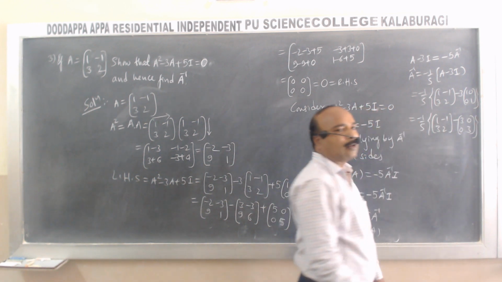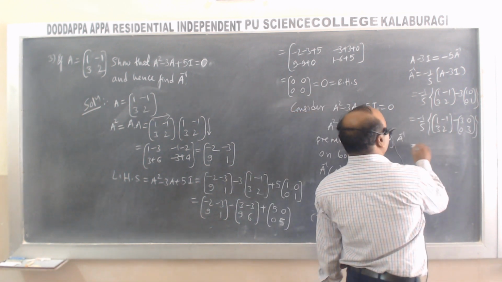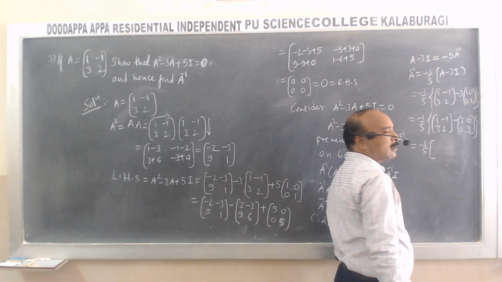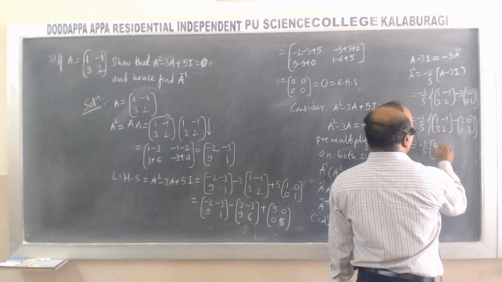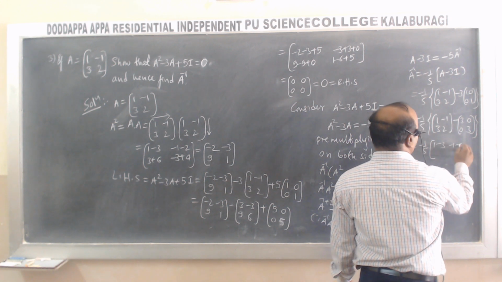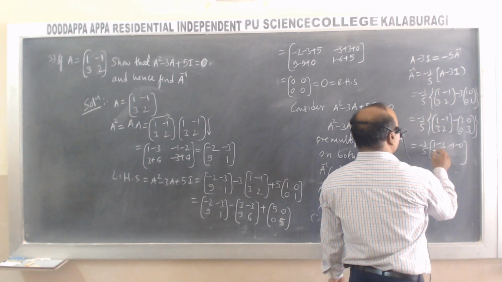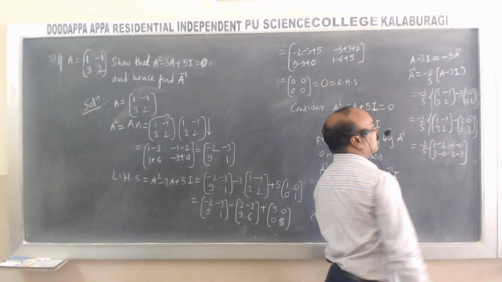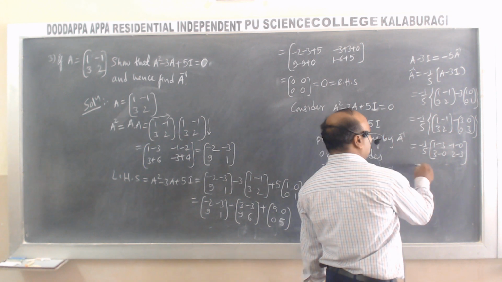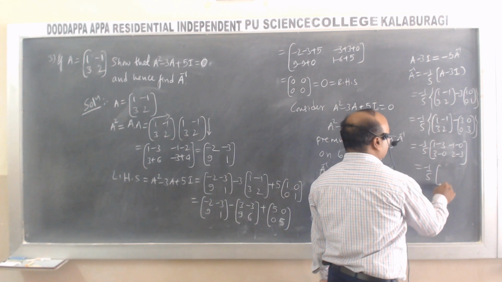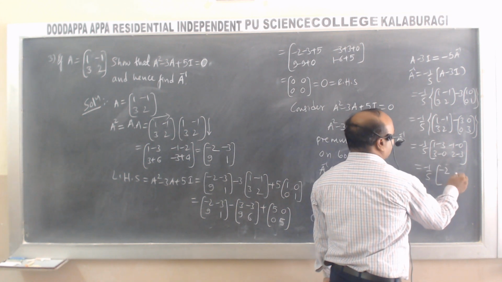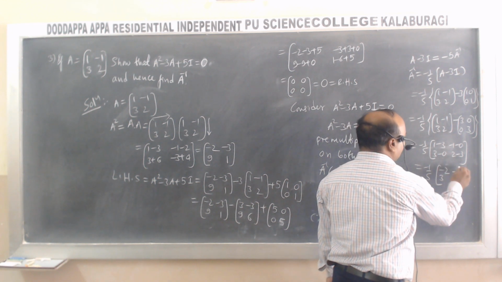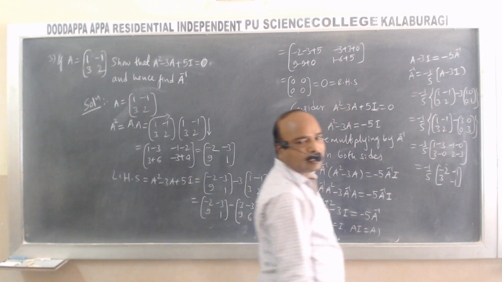It is scalar multiplication. Next minus 1 by 5 as it is, we make subtraction. It is 1 minus 3, it is minus 2, minus 1 minus 0, it is minus 1, 3 minus 0, it is 3, 2 minus 3, it is minus 1. Now simplifying this we get minus 1 by 5 into [-2 -1; 3 -1].